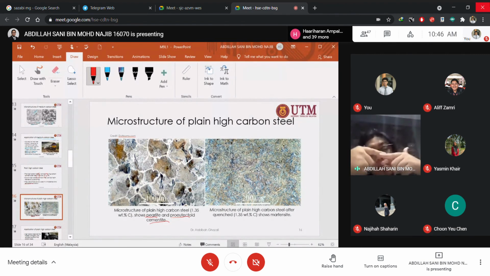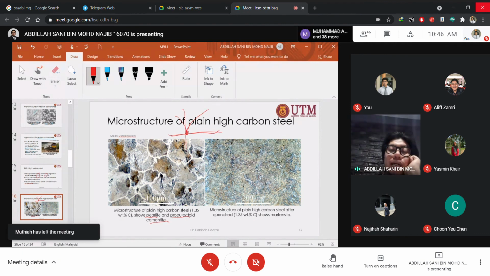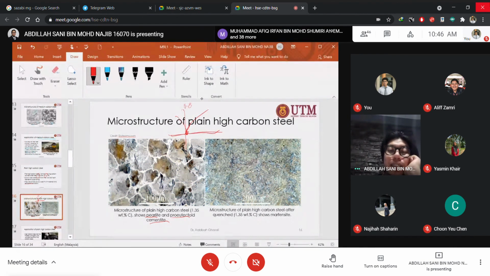And apart from that, if we recall the phase diagram, you have this eutectoid point and eutectoid temperature. For steel this is around 0.77%.